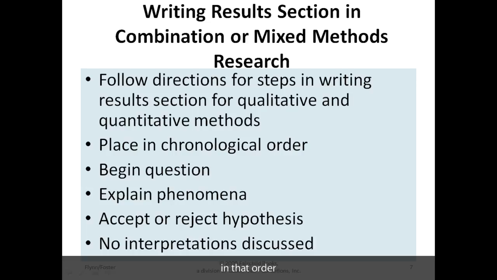When you place it in chronological order, you want to put your quantitative stuff before your qualitative. Then you want to explain your phenomenon. You want to accept or reject your hypothesis. And then you also want to discuss that there were no interruptions.